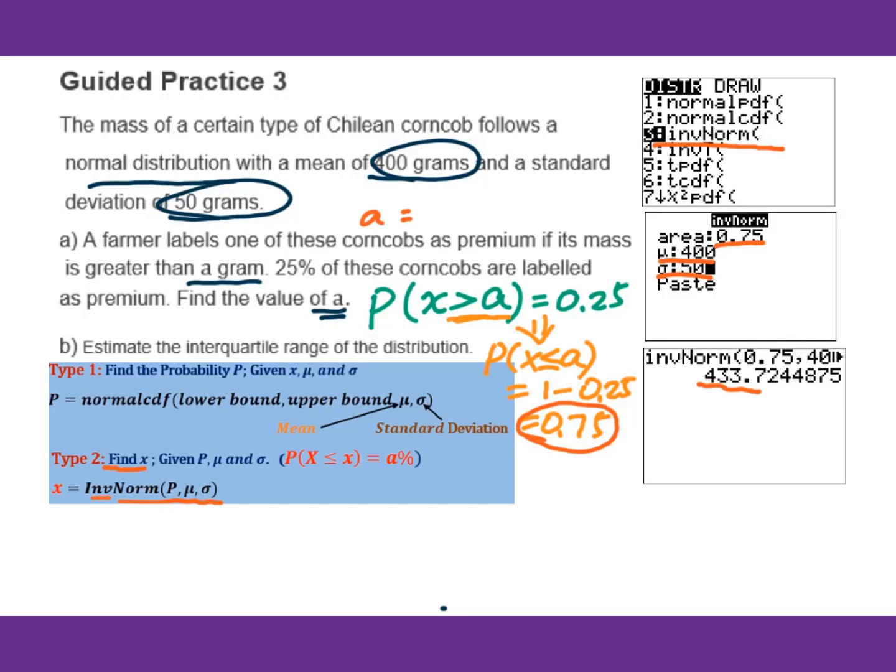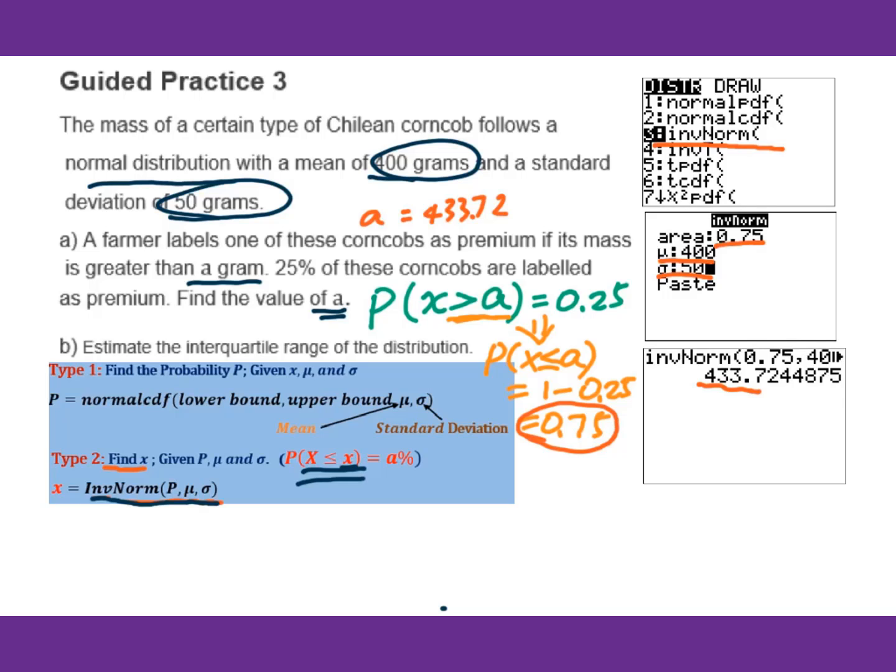So A equals 433.72. When you are dealing with inverse norm, this kind of problem, this is the key. Make sure the probability you got is less than or equal to this specific value.